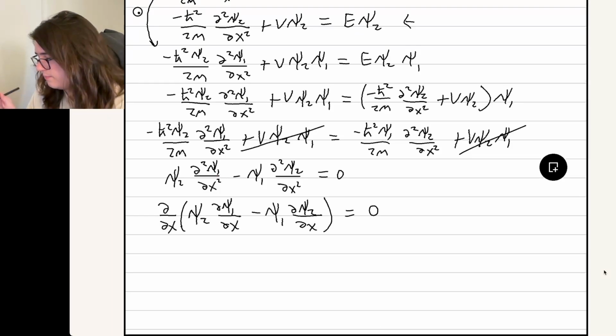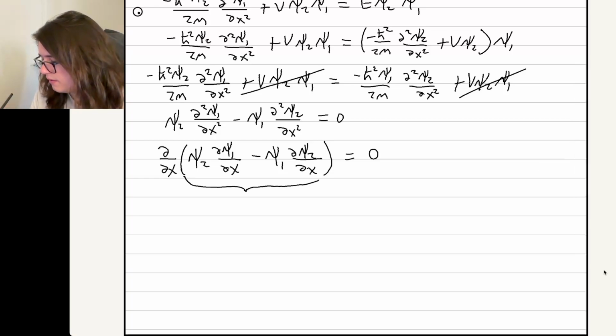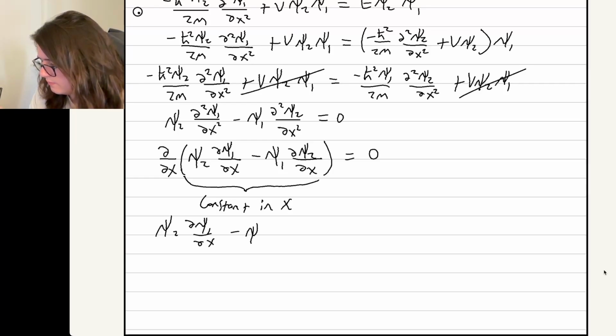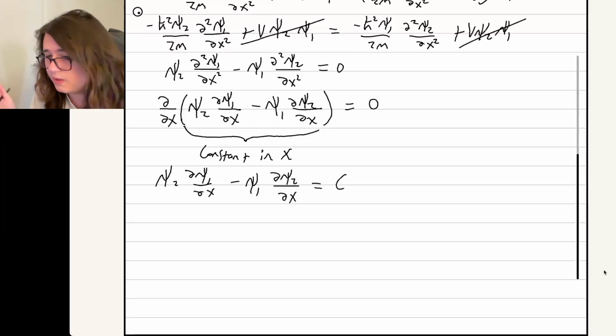Which means that this quantity is a constant in x, which means we can define it to be whatever constant we want. Let's call it c, for constant. And it's going to be true for all x, including infinity.